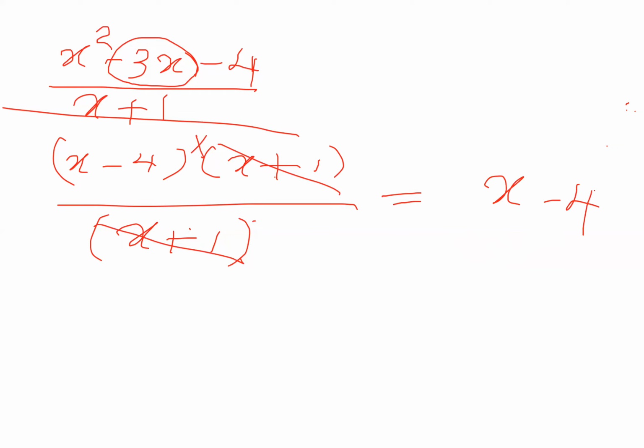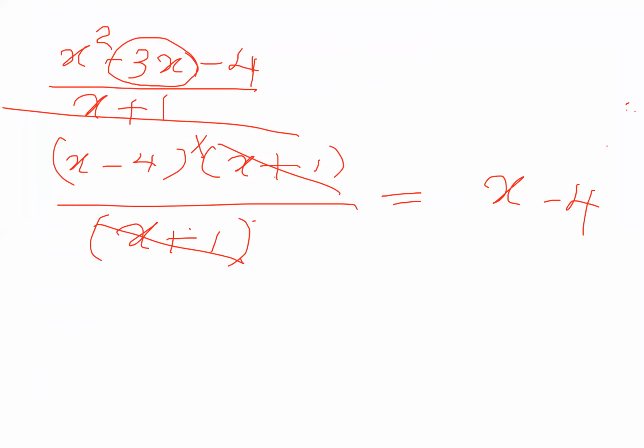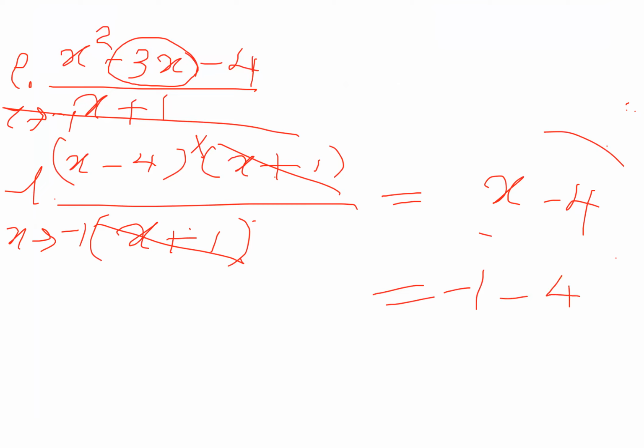Now we can check what value they set: minus 1, yes, minus 1, the limit. In this case, we need to find the limit when x moves to minus 1. So now we can apply minus 1 here: minus 1, minus 4, altogether minus 5.